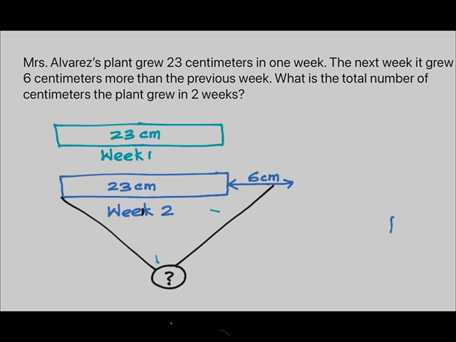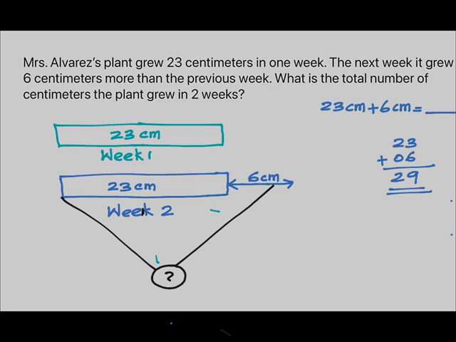So the total must be, let us add this 23 centimeters with the 6 centimeters. Okay, so 23 centimeters plus 6 centimeters equals what? So let us add 6 plus 3 is 9, and 2 plus 0 is 2.